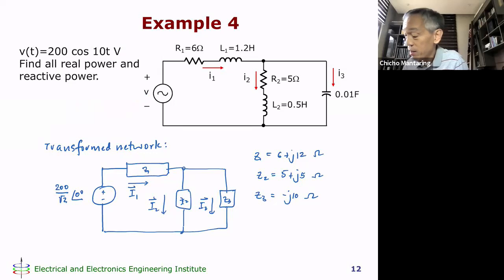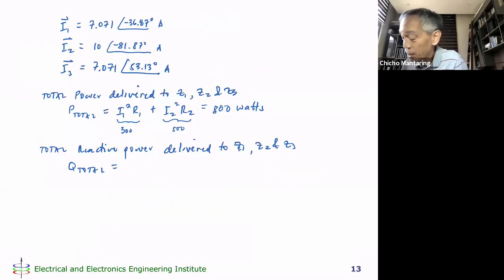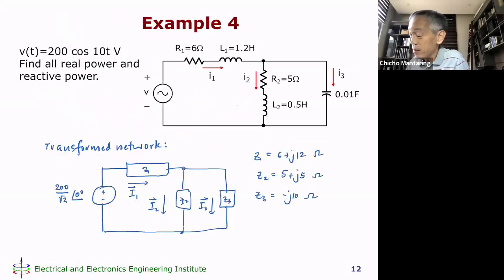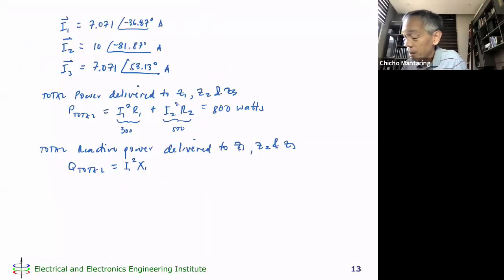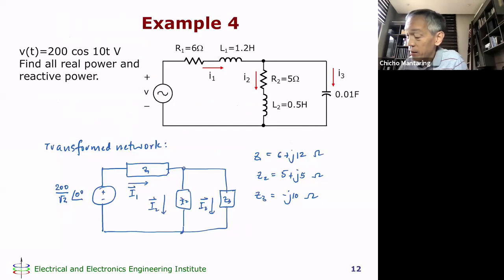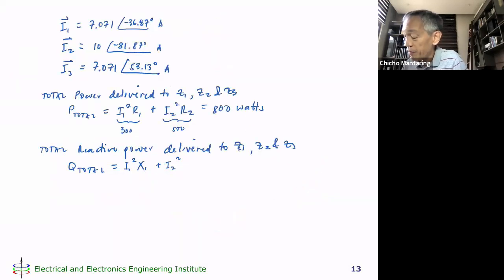So this is I1 squared times X1. This is R1, this is X1, R2, X2, and let's call this X3. Plus I2 squared, the RMS value of this multiplied by X2, which is 5.